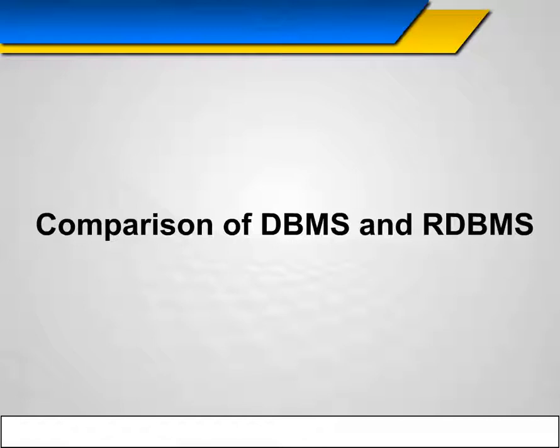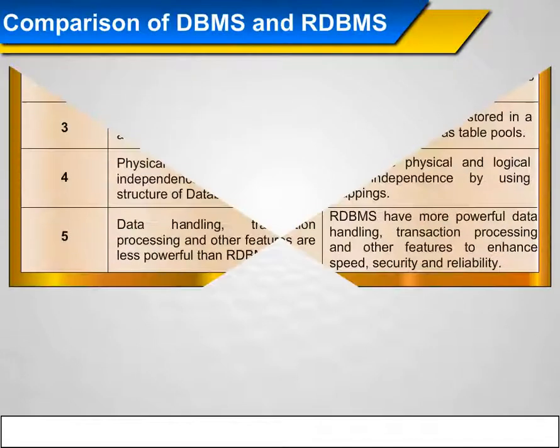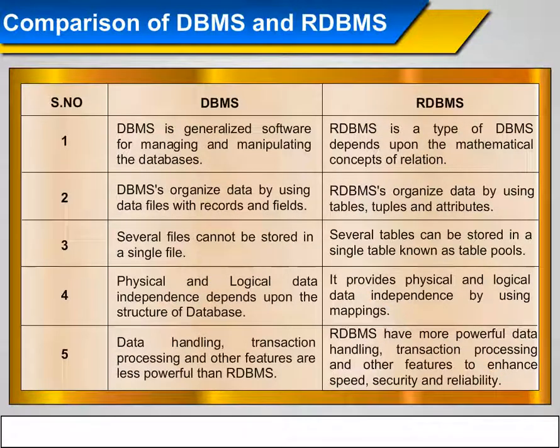Comparison of DBMS and RDBMS. DBMS, RDBMS. DBMS is a generalized software for managing and manipulating the databases. RDBMS is a type of DBMS that depends upon the mathematical concepts of relation.